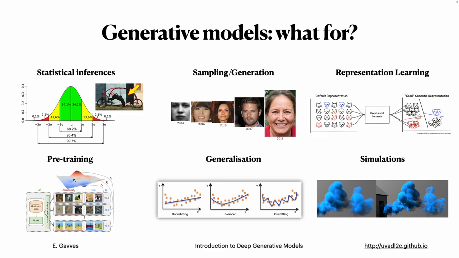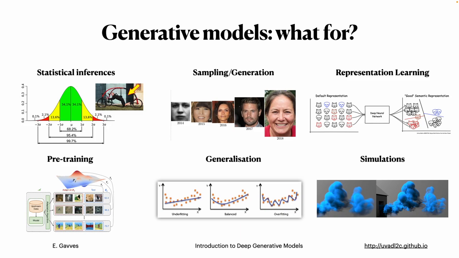You might want to use it for pre-training. For instance, in reinforcement learning, you might want to have a world model, where you learn something about the world, and then you add that to your reinforcement learning model to make better predictions.